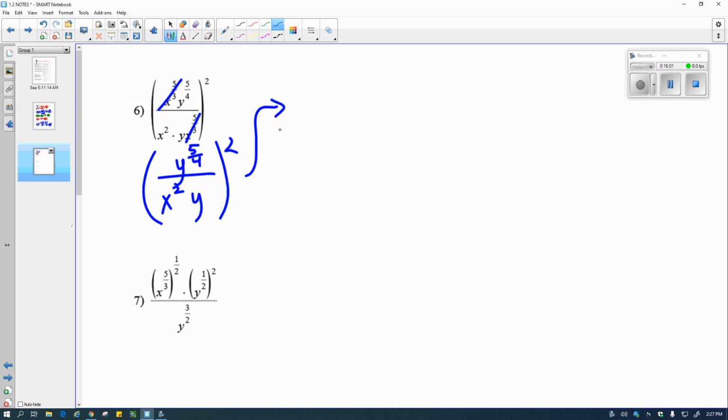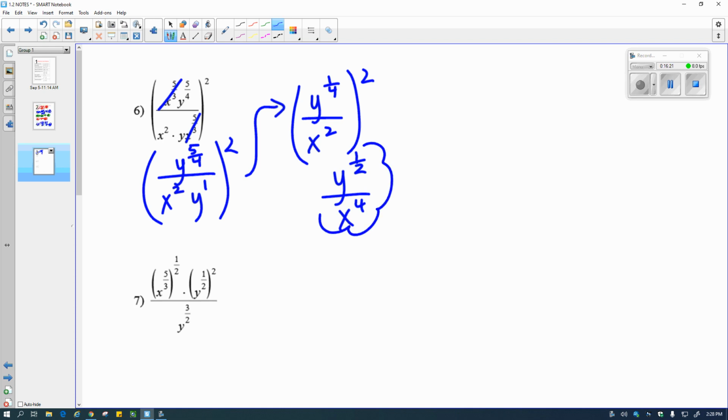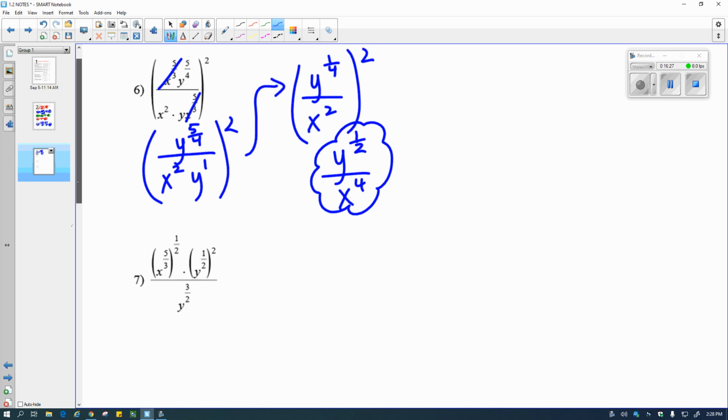And then I just have my y's to work with, y to the 1/4, because remember that's 5/4 minus 1 over x squared. I'll take that and square it, and I'll bring that power through. So that's y to the 1/4 times 2 is 1/2 over x to the 2 times 2 is 4. So same problem, but that one went a little quicker because I caught that piece right away that I could cancel out.